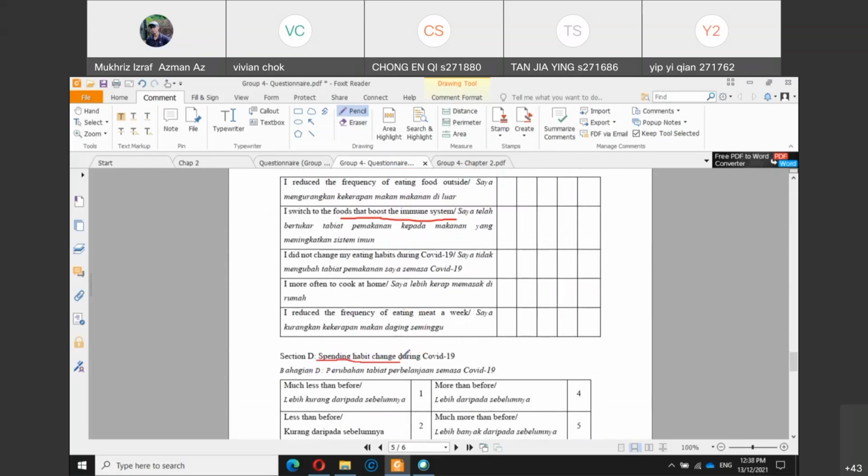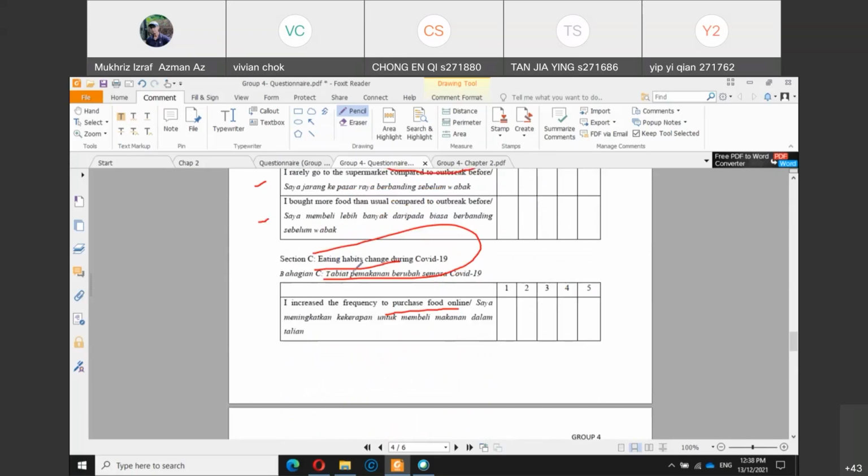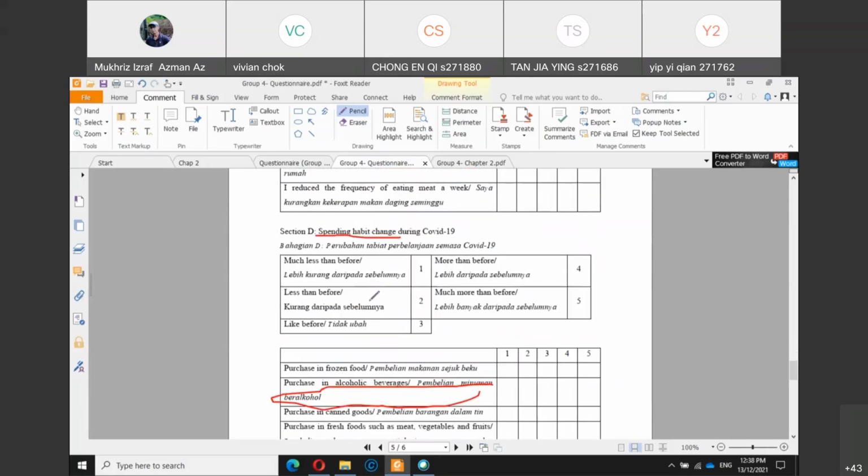Spending habit change, eating habit change. Did you make this title yourself? Based on the objective, you created the title yourselves.